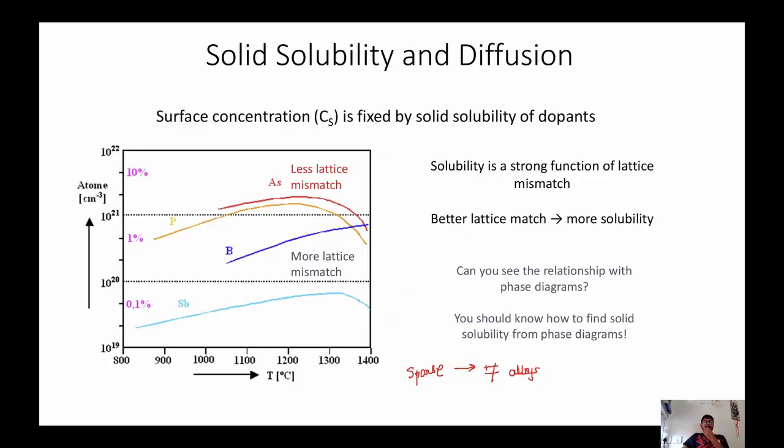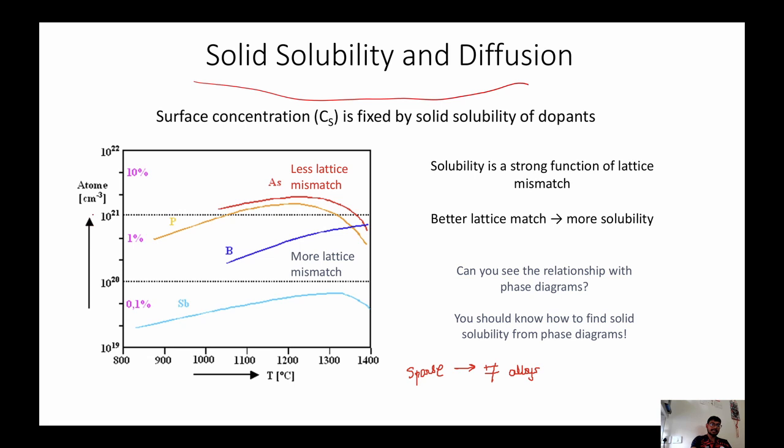Now let us see the solid solubility and diffusion. Solid solubility is the maximum concentration of the dopant that can be there inside the semiconductor crystal.